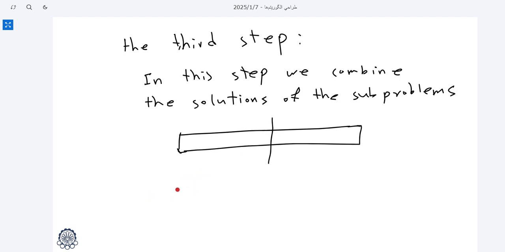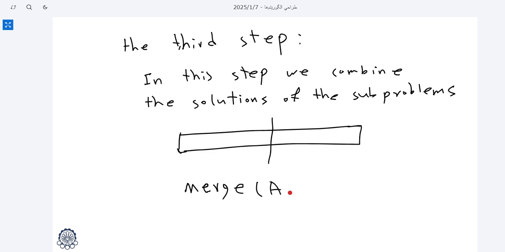But how can we combine these two parts? We put a name for the algorithm that combines the two parts. We name it merge.